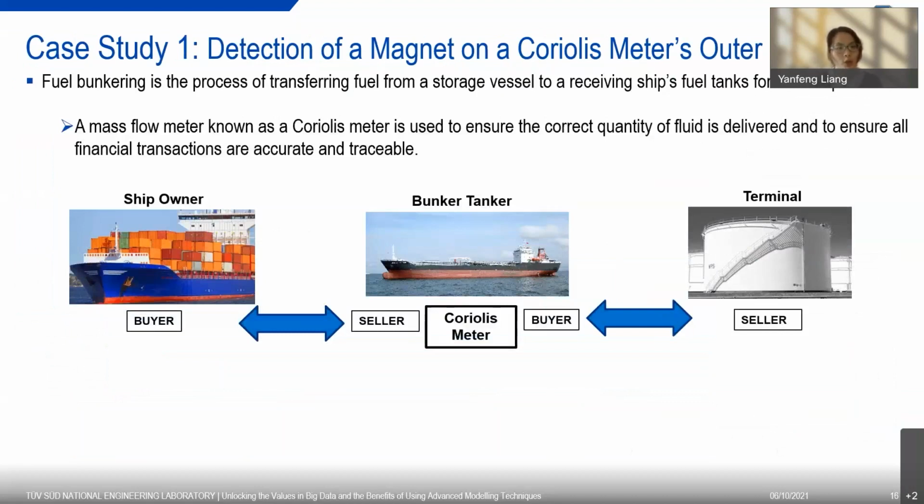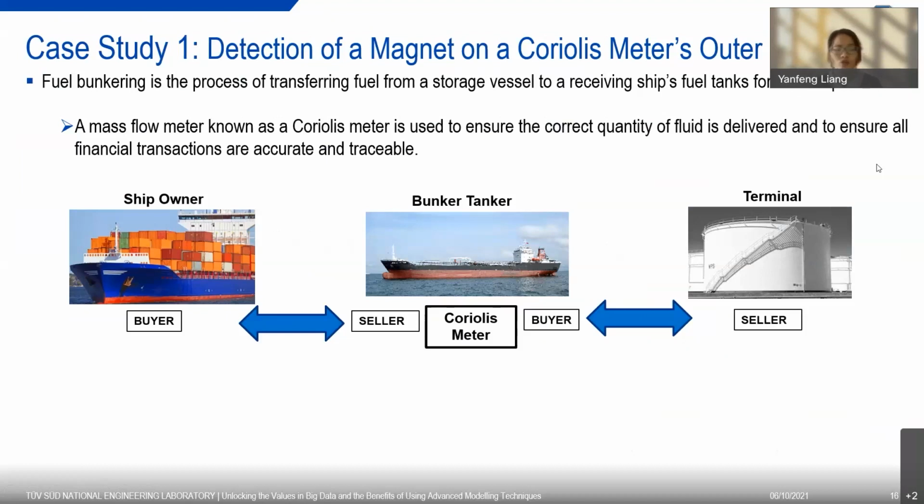A little background on fuel bunkering: it is the process of transferring fuel from a storage vessel to a receiving ship's fuel tank for consumption. To ensure the correct quantity of fluid is delivered, and that all financial transactions are accurate and traceable, a Coriolis meter is used to measure the transaction.